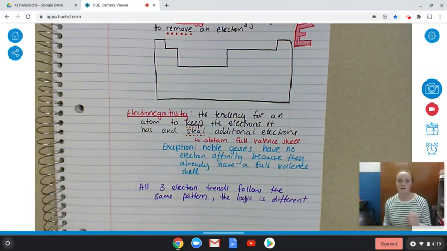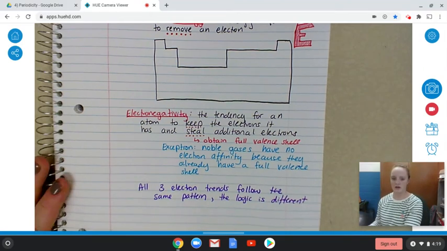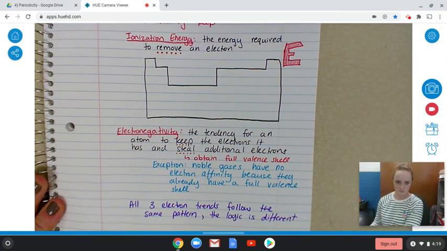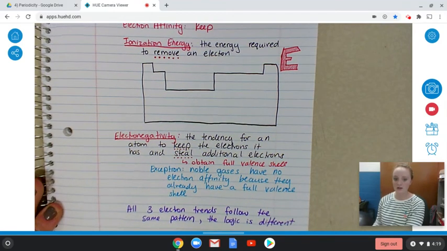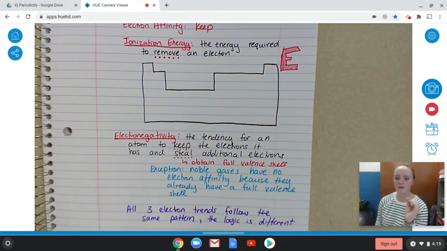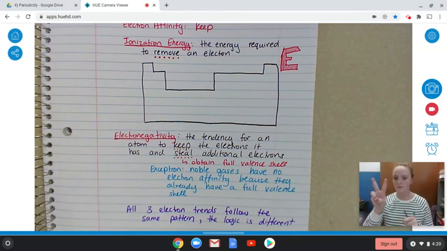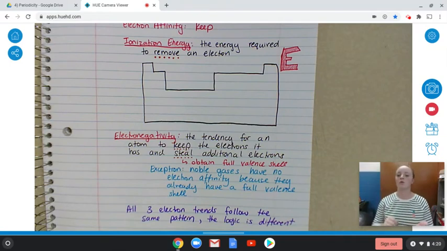So they're all the same pattern, but we're talking about different logic. So for electron affinity, we're talking about keeping. So in your definition or in your explanations, I'm going to be looking for the word keep, or Mrs. Beek's going to be looking for the word keep. We're looking for that specific term. Electronegativity is about keeping and stealing. We're looking for those 2 specific terms. Ionization energy is about removing. We're looking for that specific term.